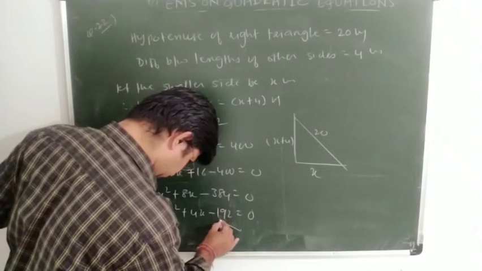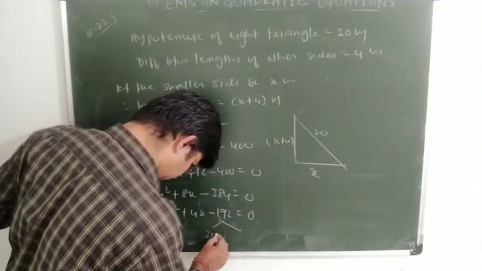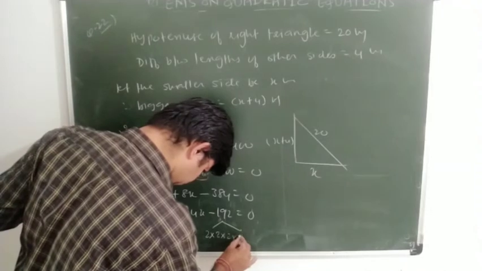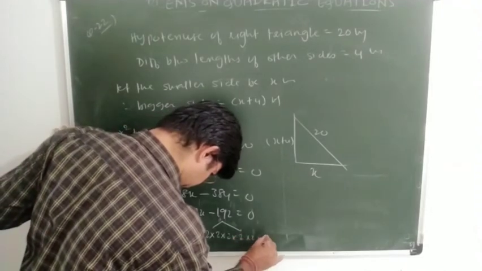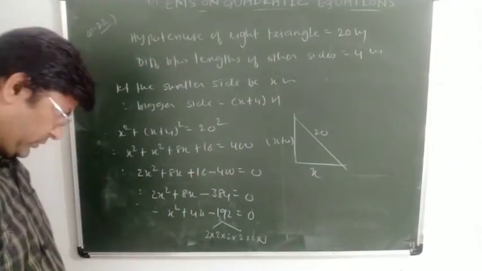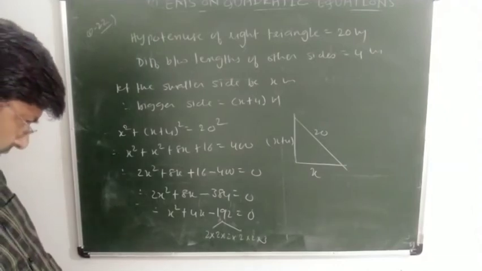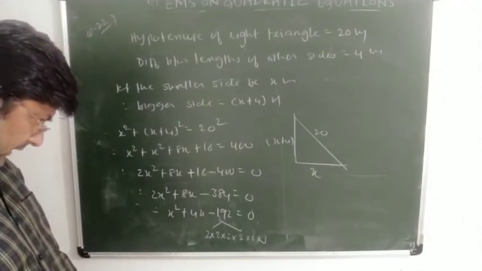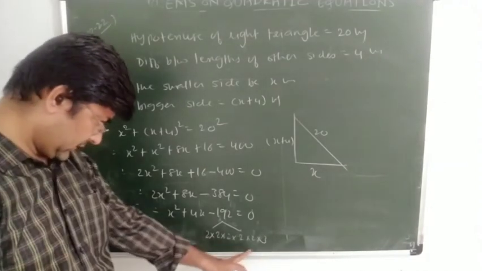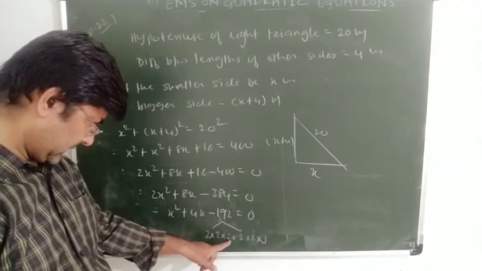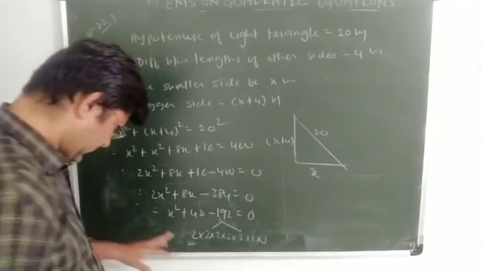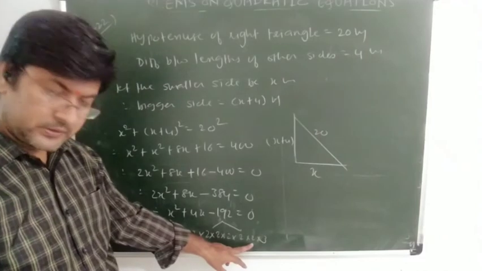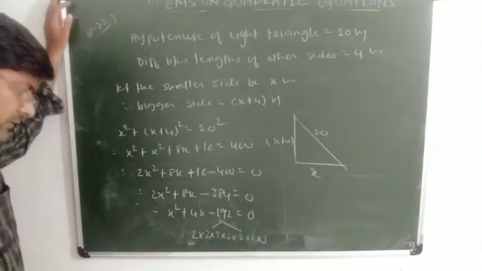So let us factorize 192: 2 twos are 4, 2 fours are 8, 2 eights are 16, 2 sixteens are 32, 2 thirty-twos are 64, and 3 sixty-fours are 192.